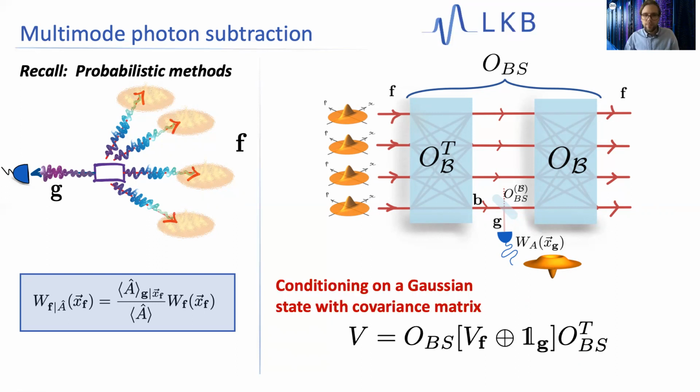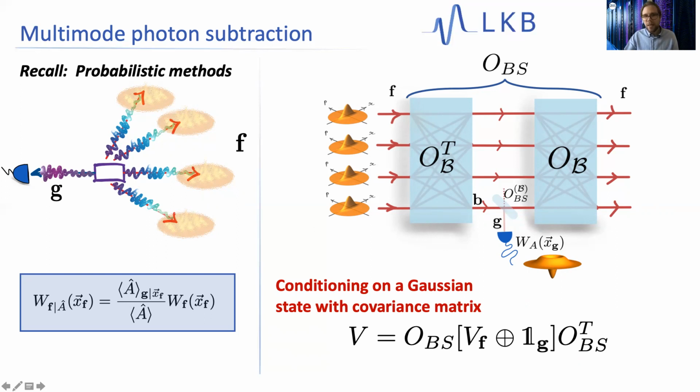To make my whole framework work, I need to have the actual Gaussian state of these output modes F and the auxiliary mode. To get this, I take the covariance matrix of the initial state, VF. I add the covariance matrix of the vacuum that I couple in here.